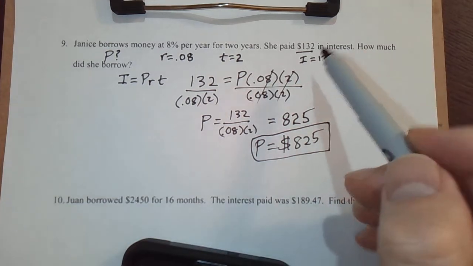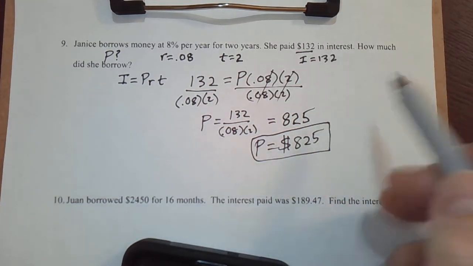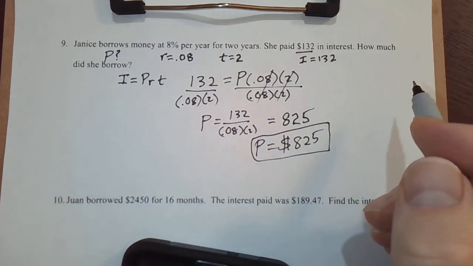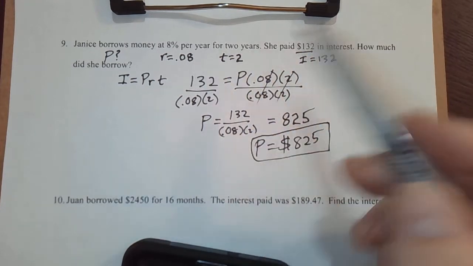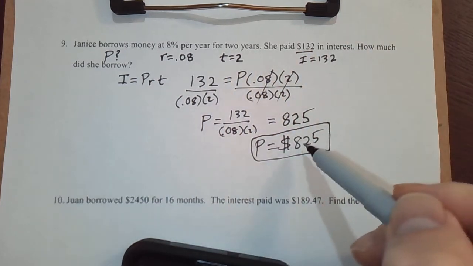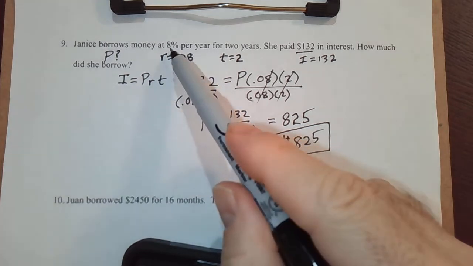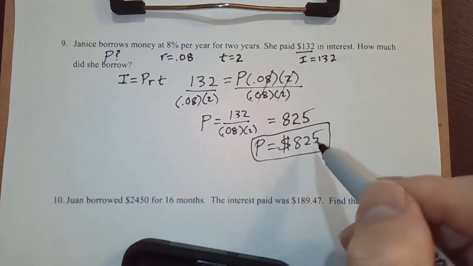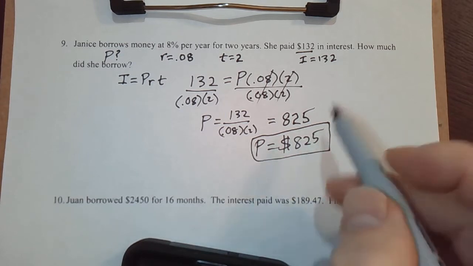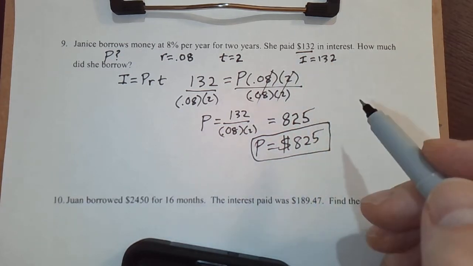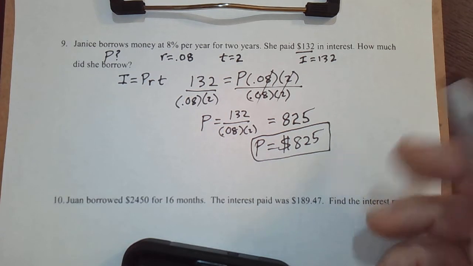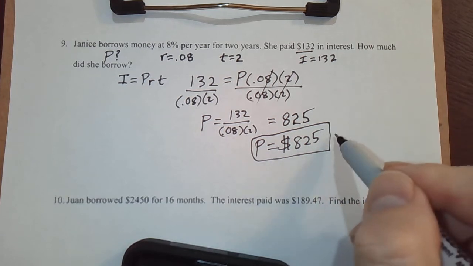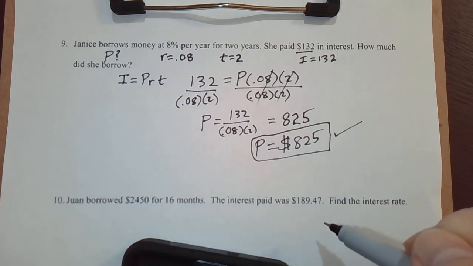Let's just do a sanity check to see if that number is reasonable. It's easy to compute: $825, if it were 10% interest, which is more than that, it'd be about $82 per year. And that would be more like $160 in interest. And so that does make sense. The principal amount, $825.